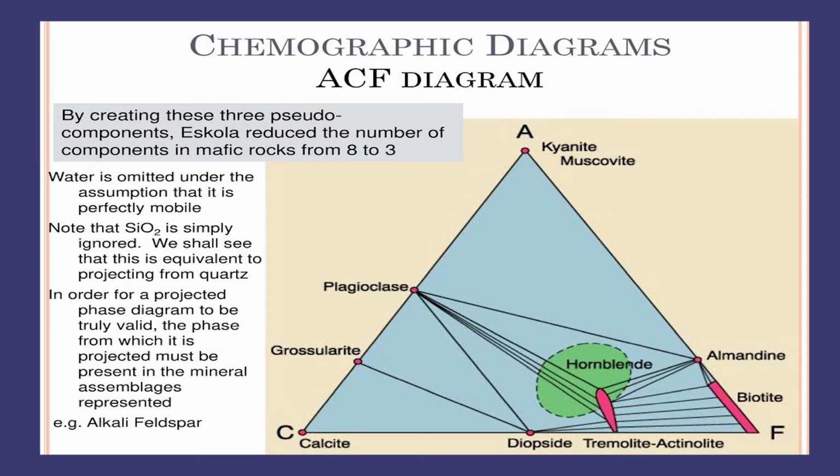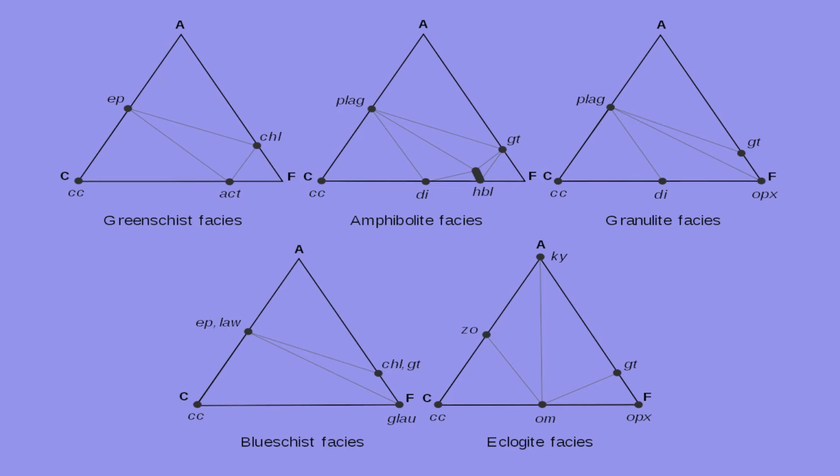The chemical composition of rocks and silicate minerals is conventionally stated in terms of 10 main oxides, namely SiO2, Al2O3, Fe2O3, FeO, MgO, CaO, Na2O, K2O, MnO and H2O.